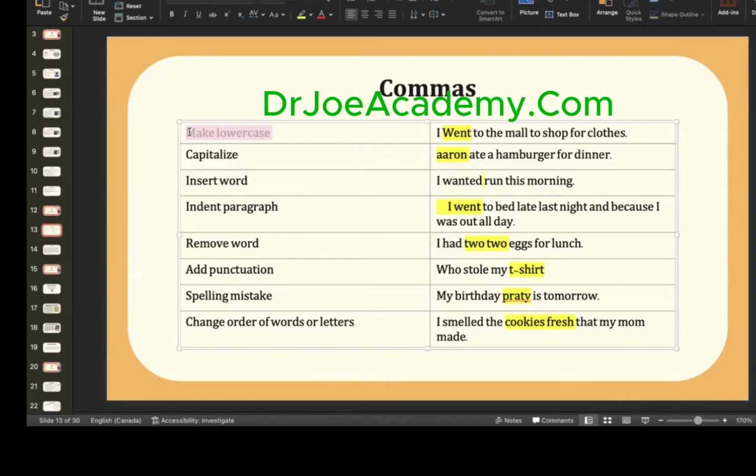Jack, what does it mean to make something lowercase? If I said to make this lowercase, what does that look like, Jack? What kind of letters do we use? Oh, did you read the example? Okay, so if I said I went to the mall shop for clothes, what is the mistake in this sentence, Jack?